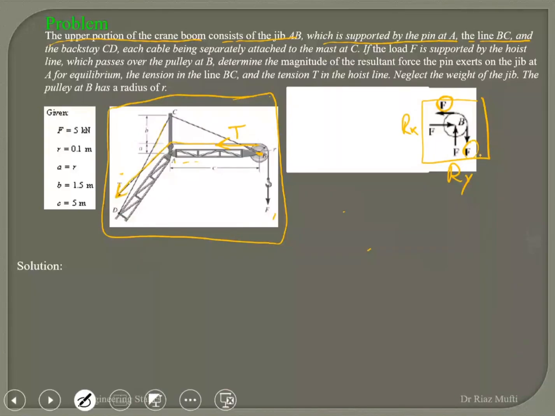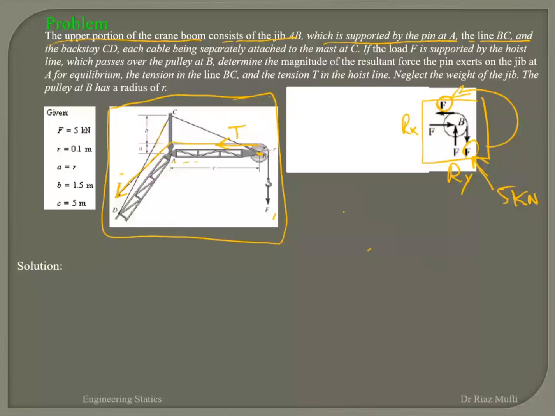The force F downward is how much? This force is 5 kilonewtons. So what is the tension in the cable? It's the same, yes. So the same F goes here.